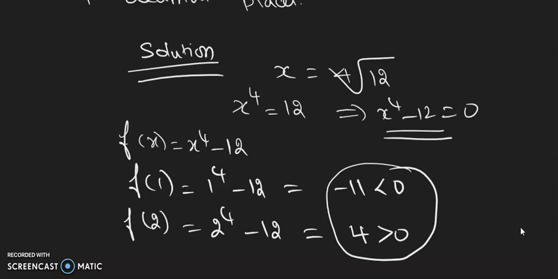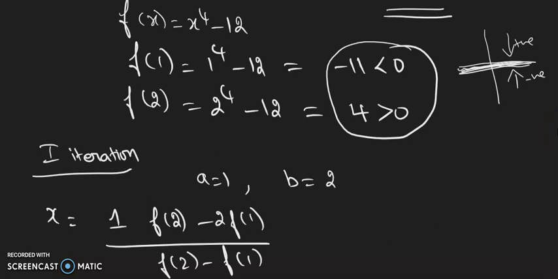Why are we checking this? The real roots are here. These values will be positive and these values will be negative. If I find a real root, then the root lies between one positive value and one negative value. That is why we are doing this, to find the initial approximation.